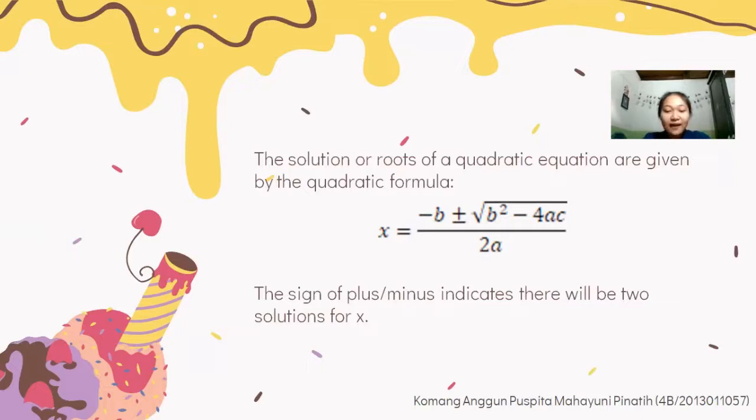Since a quadratic has a degree equal to 2, there will be two solutions for the equation. And the formula is x equals minus b plus or minus the square root of b squared minus 4ac, all divided by 2a. The plus or minus sign indicates there will be two solutions for x.